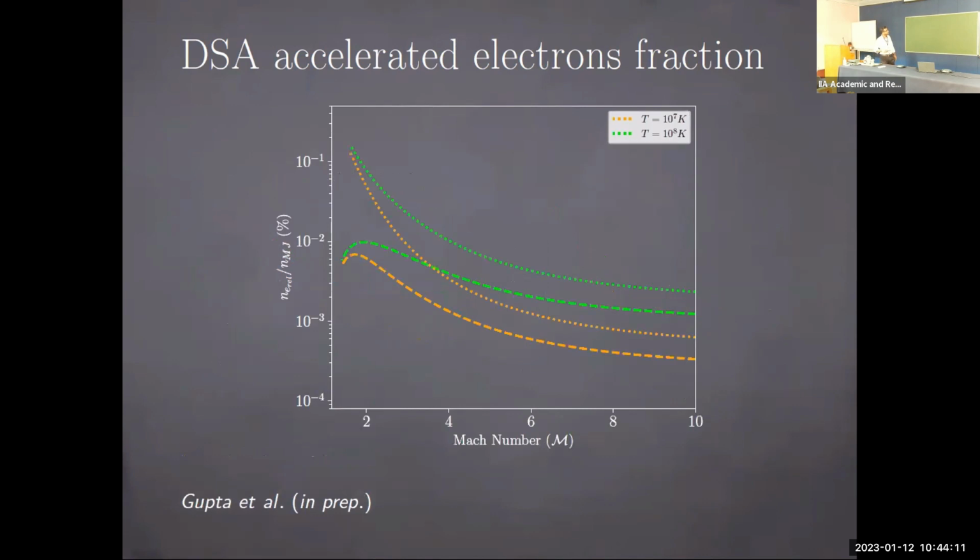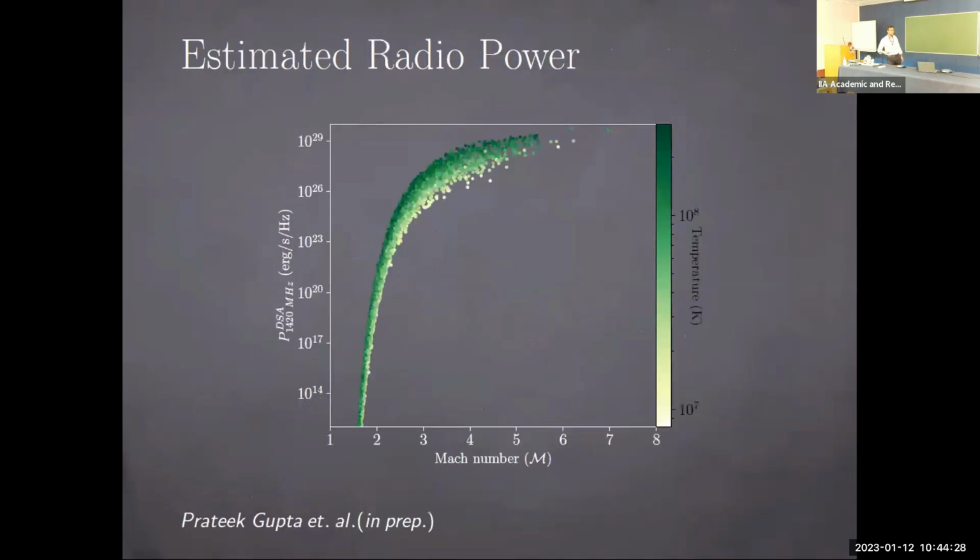So in the lower region, for Mach number below 3, you have about 10 times difference in the process for getting relativistic electrons. But if we compute the radio emission corresponding to these processes, both processes lead to the same radio emission.